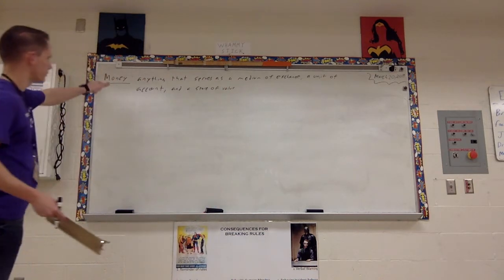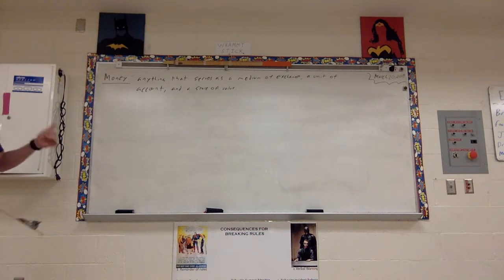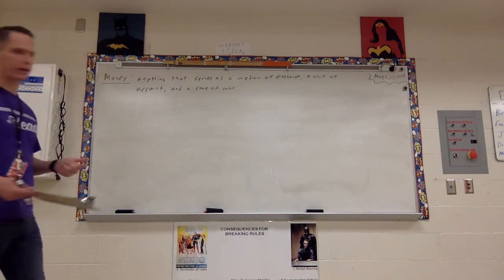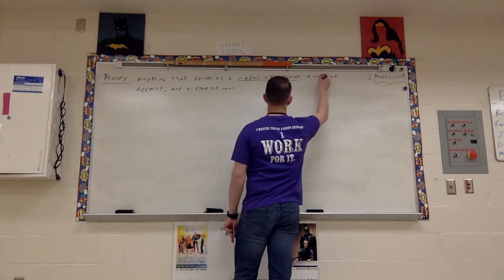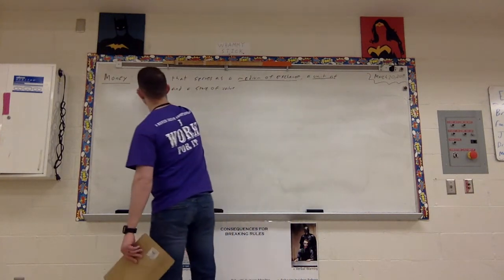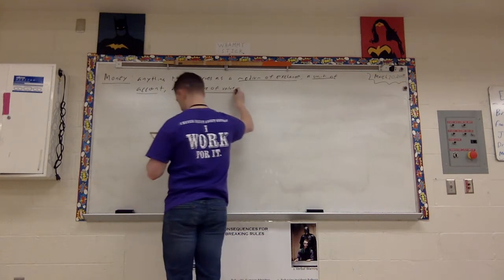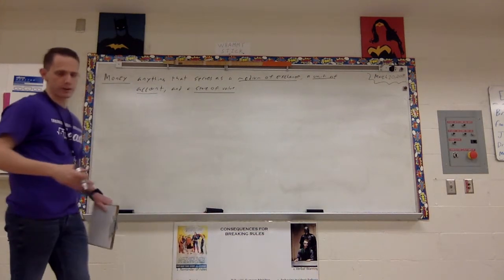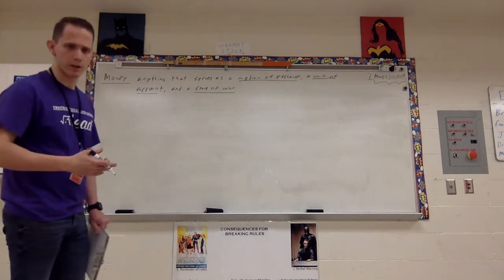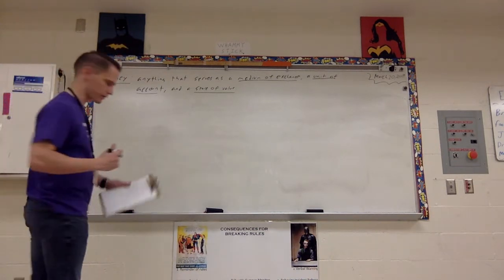So, once again, money. Anything that serves as a medium of exchange, a unit of account, and a store of value. So, essentially, 3 requirements. So, 3 requirements in and of itself, we're going to put as vocab terms just so it's all broken down and it's easy to understand.